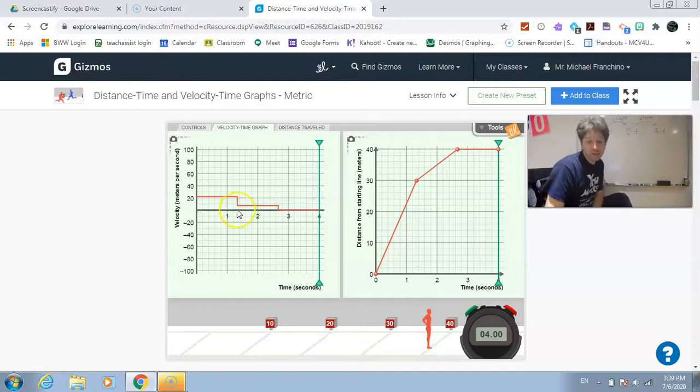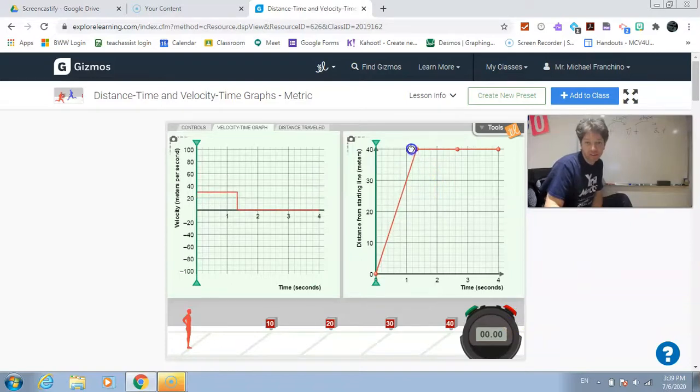Similarly, if we were to look at the area under a graph, let me just change this to make the number nicer. Oh, it won't let me. Oh, I can change it up. Okay, so let's look at this. In about 1.3 seconds, we're moving with a velocity of 30.